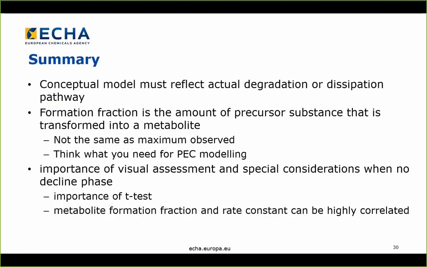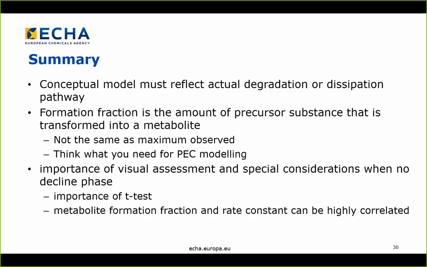The formation fraction, this new parameter that we've introduced, just determines the amount of precursor that is transformed into a metabolite. It's not the same as maximum observed, and I think what you need for PEC modelling, although with the Biocides specific guidance at the moment we are following, you will pretty much always be using formation fraction in that case. But obviously the guidance was written for pesticides, and so there's extra complexities there that we don't need to worry about.